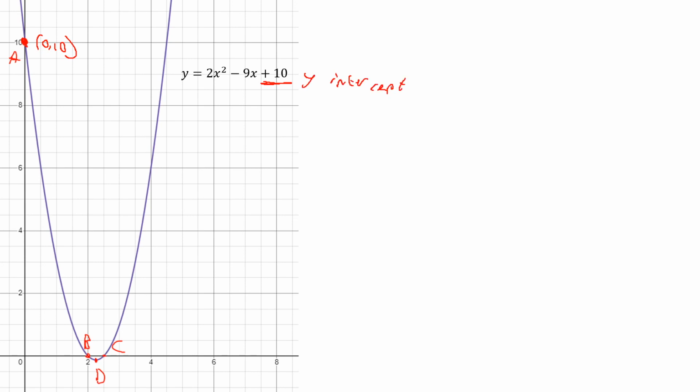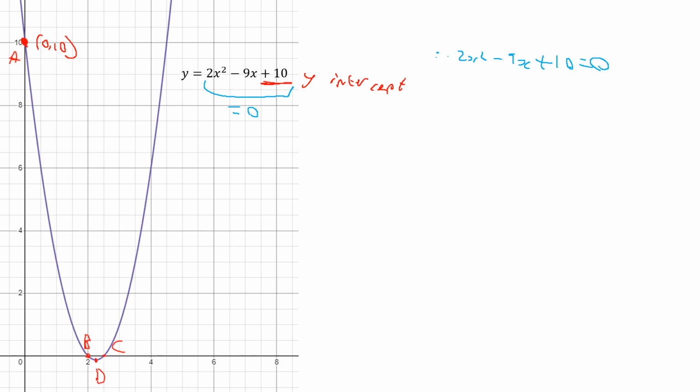The next thing we need to do is find the roots. If we find the roots, this has to equal 0. So let's make it equal to 0: 2x squared minus 9x plus 10 is equal to 0.